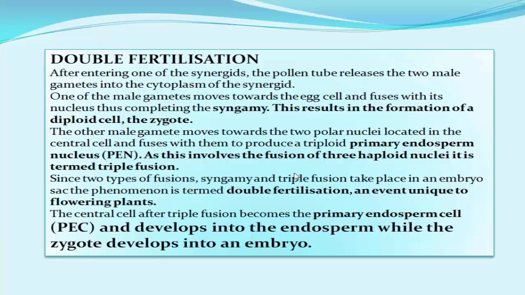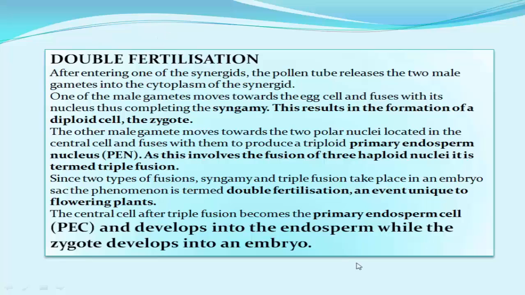With that secondary nucleus, another male gamete fuses and gives rise to the formation of that important triploid structure called the PEN, primary endosperm nucleus.